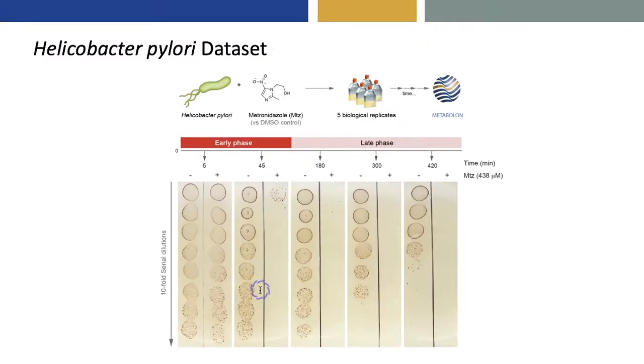And the thing to realize about this data set is that the first 2 time points occurred during the early phases of drug action when the cells were still viable, whereas the later time points occurred when the cells were beginning to die.